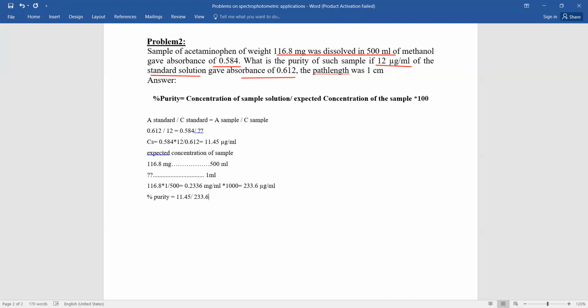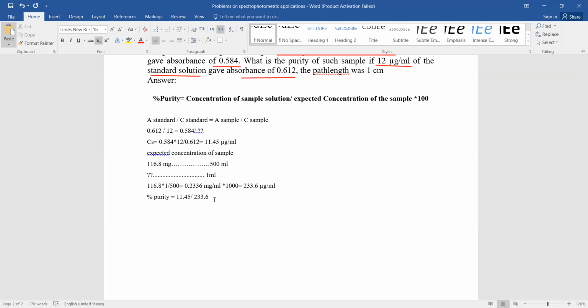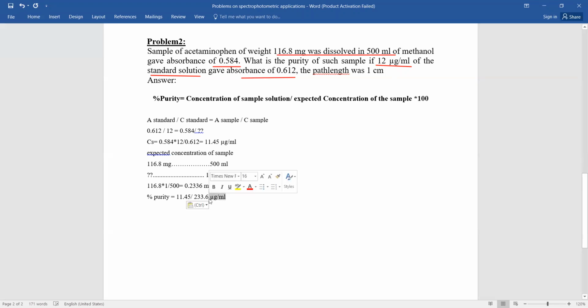It was expected that the concentration of the sample will be 233.6 microgram per milli, times 100 in order to get the percentage. It will be equal to 4.9%. So the percentage purity of the sample is 4.9%.